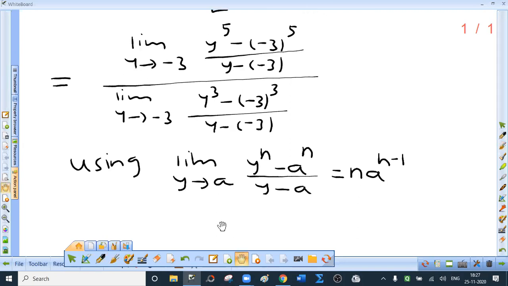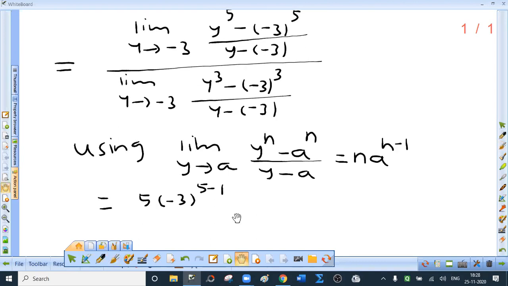Now tell me what will be the answer. So this is nothing but n means index 5 into minus 3 raised to 5 minus 1 divided by 3 into minus 3 raised to 3 minus 1.